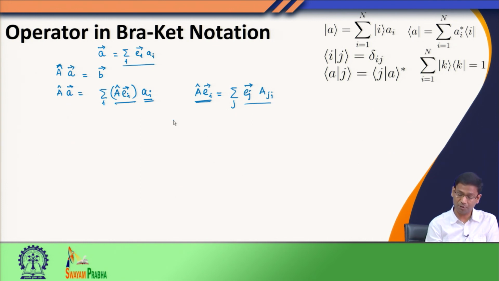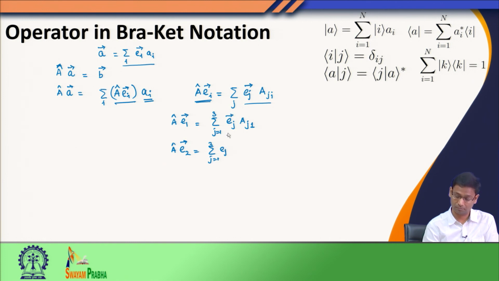So, for example, if I do it for e_1, what would I get? This is for all values of j, since we are talking about the Cartesian space. So, let us say we have j equals 1 to 3. So, you have e_j A_j1. Similarly, the action of A on e_2 would give me e_j, the unit vector, A_j2, and so on and so forth.